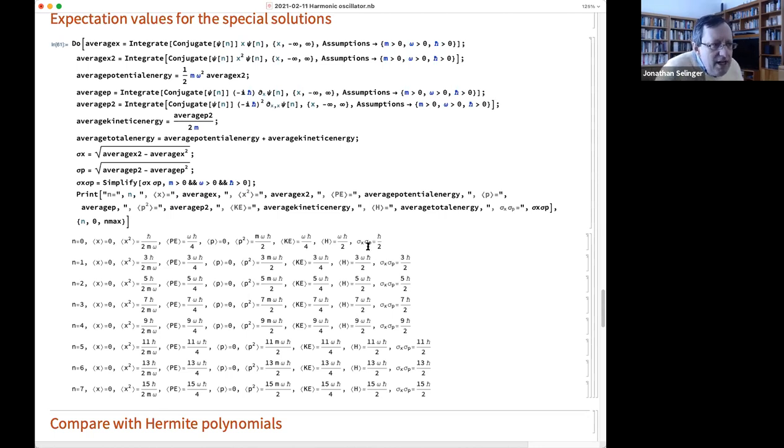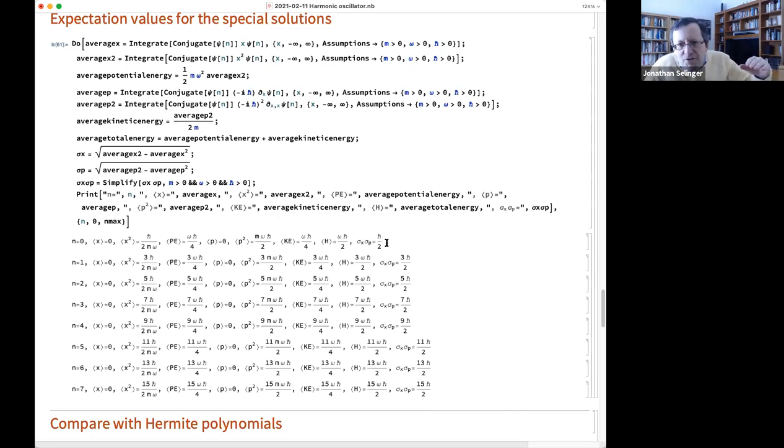And then we can also get out the uncertainty in x and the uncertainty in momentum, the same as you've done in your previous homework. Then take the product of those to see if it's consistent with the uncertainty principle. If we do that, we can see that the product of the uncertainties is equal to h bar over 2 for the lowest state.